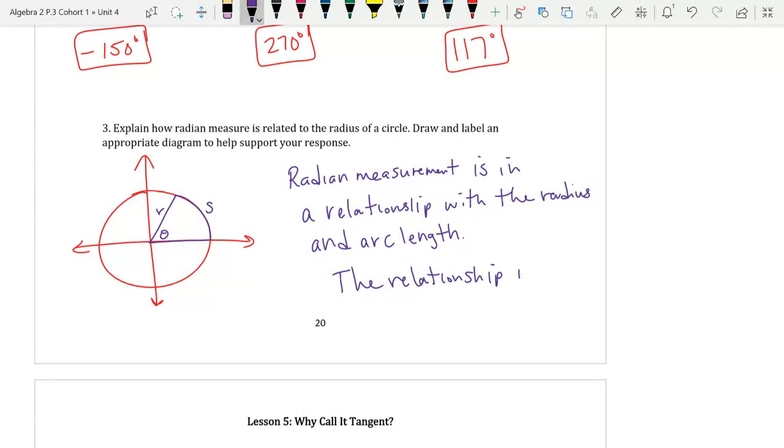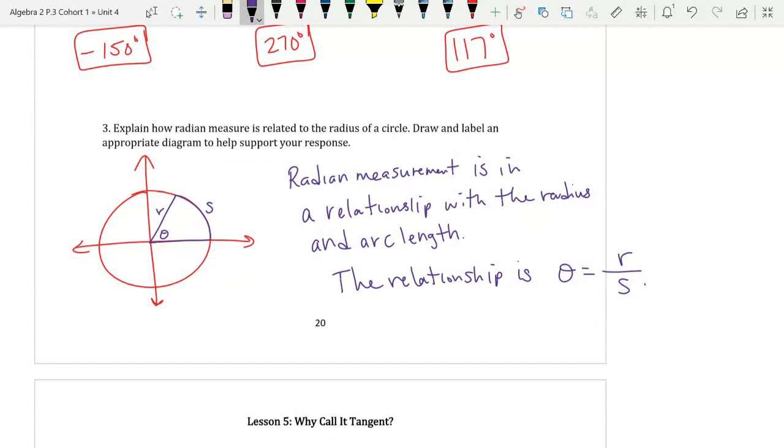The relationship is the angle is equal to the radius divided by the arc length. And there were a couple of questions in class that we used that relationship for.